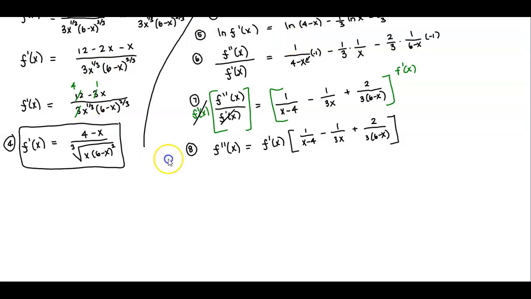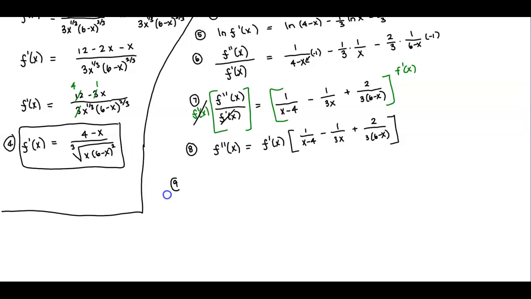Okay, so what do we know? Well, we know that f prime of x is equal to (4 minus x) over the cube root of x times (6 minus x) squared.